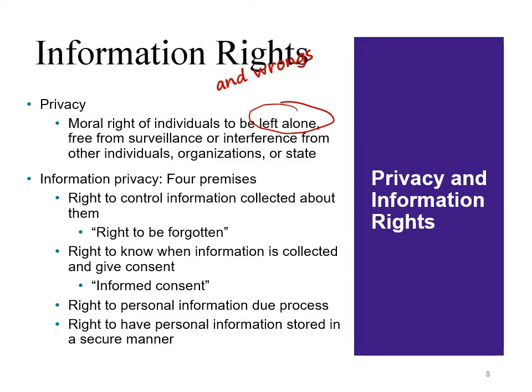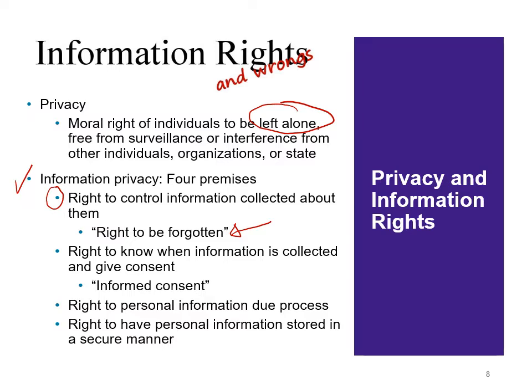So there are 4 premises of information privacy in information rights. As an individual, number 1, you have the right to control information collected about you. This is number 1, the right to be forgotten.